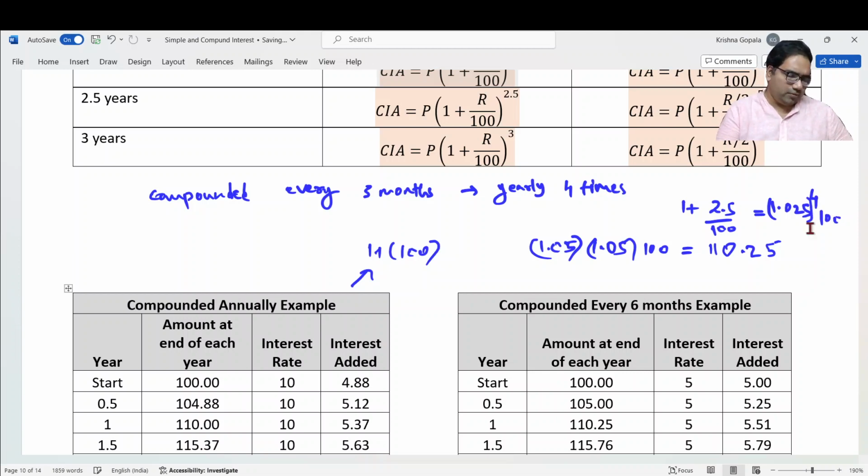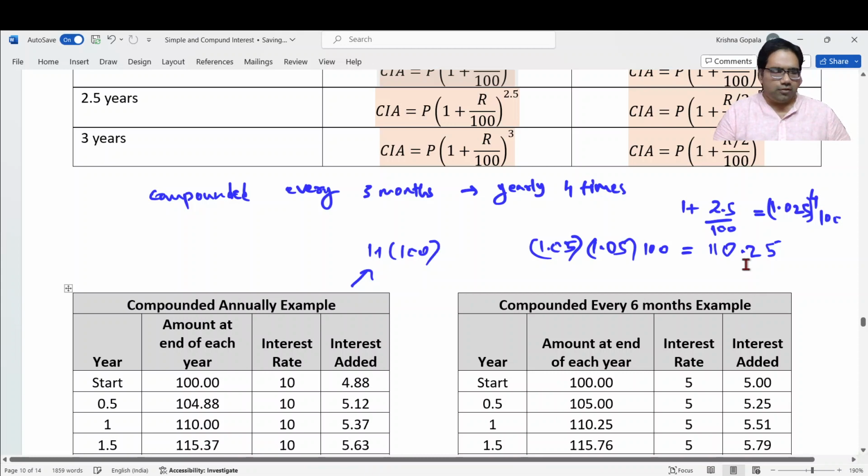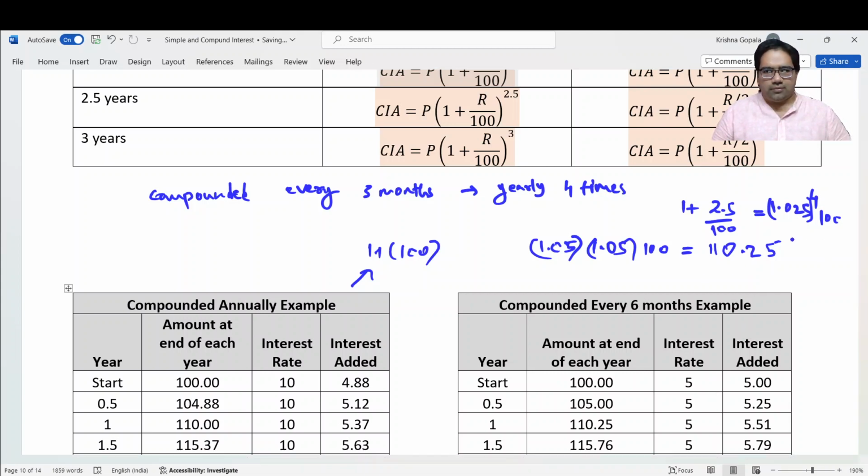What is 1.025 power 4 into 100? This is equal to 110.38.